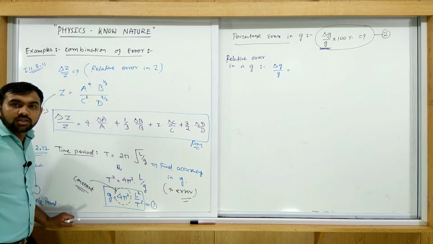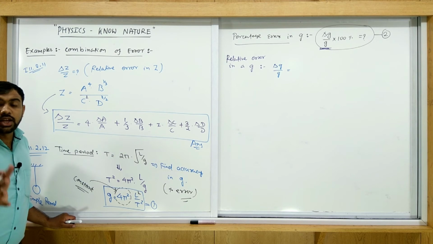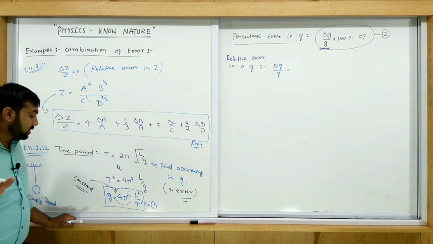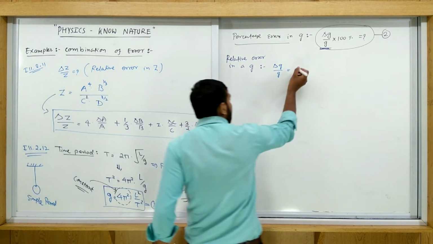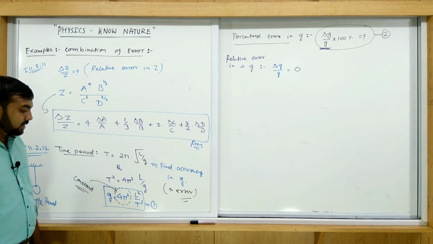What is the error due to a constant? Zero. Note that due to any constant there is no propagation of error. So due to 4 pi square, the error is 0.